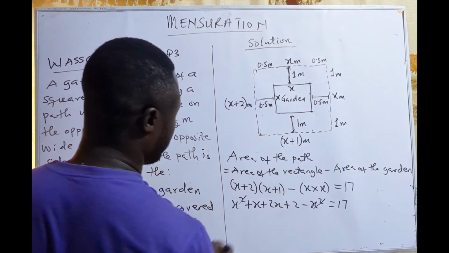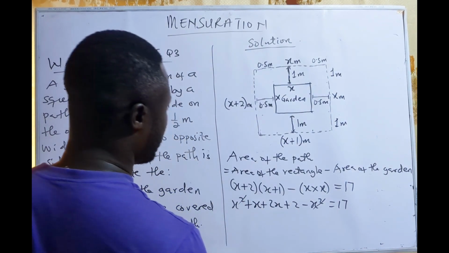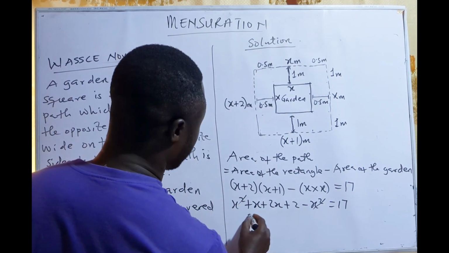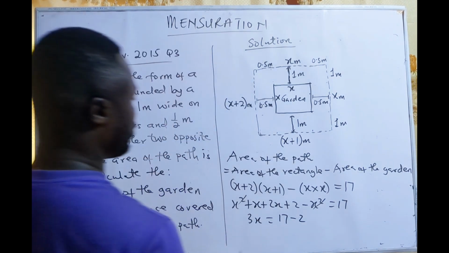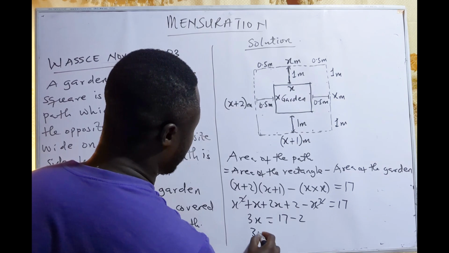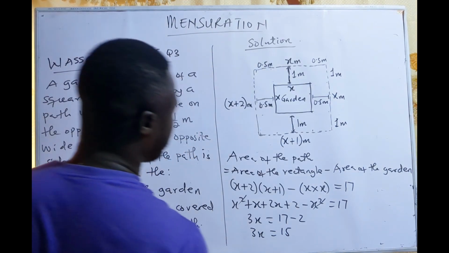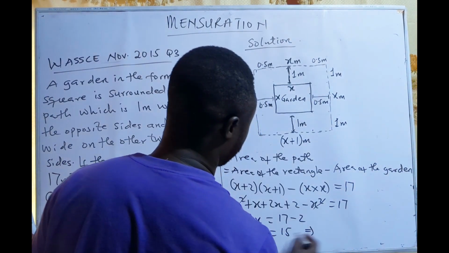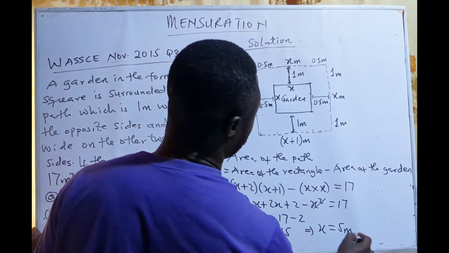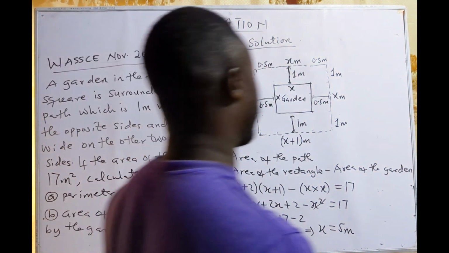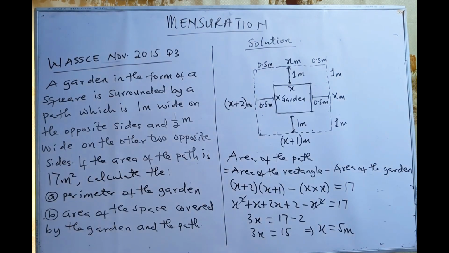Then x plus 2x will give me 3x equal to 17 minus 2. So this one is going to be minus 2. Then 3x is equal to 15. Okay, then 15 over 3 will give us 5. So my x is what? 5 meters. So x is 5 meters.